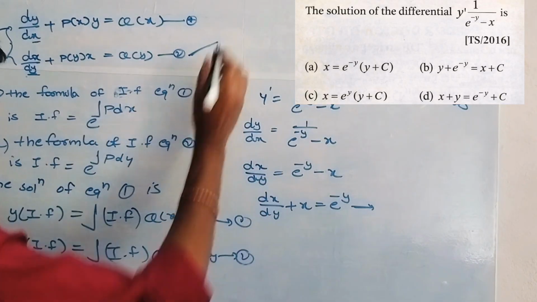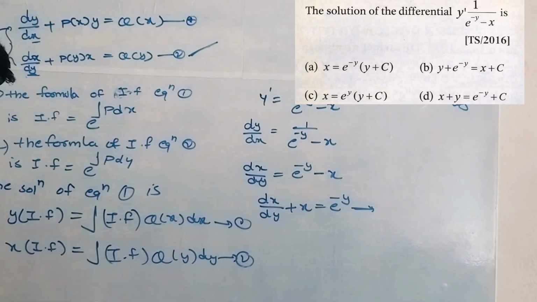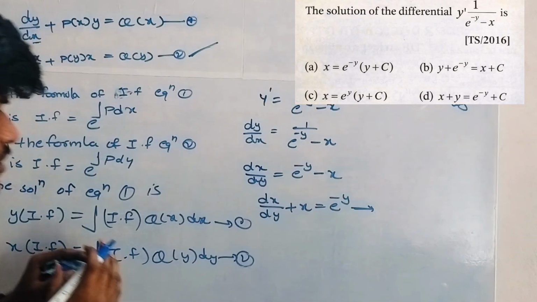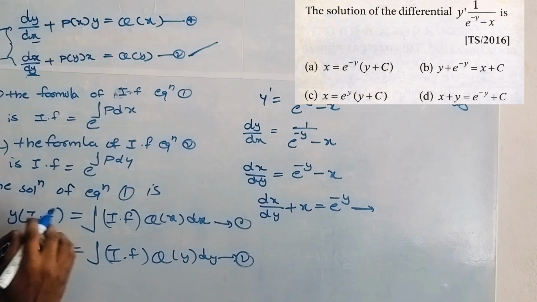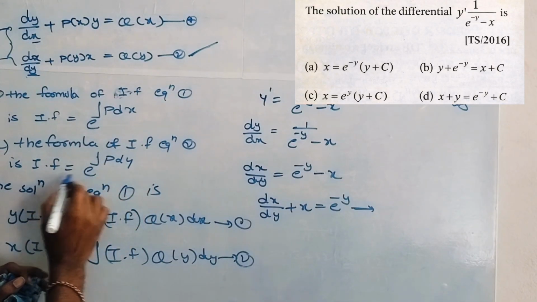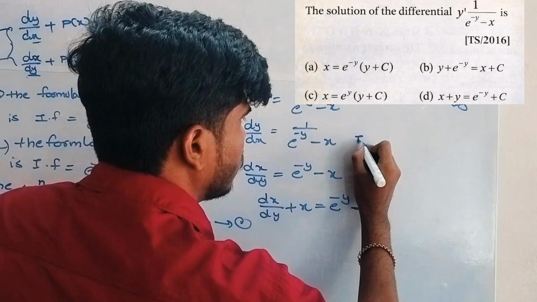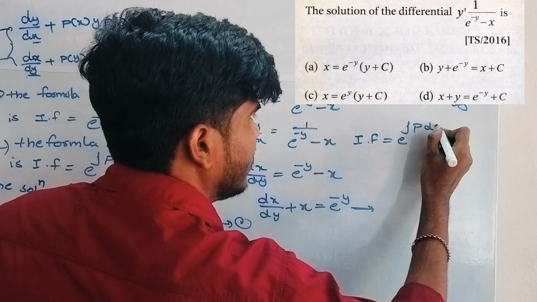Now we proceed with the equation number 2 procedure. First we find the integrating factor. The integrating factor formula of equation number 2 is e power integral p dy.